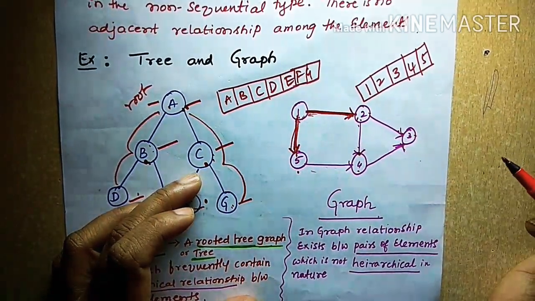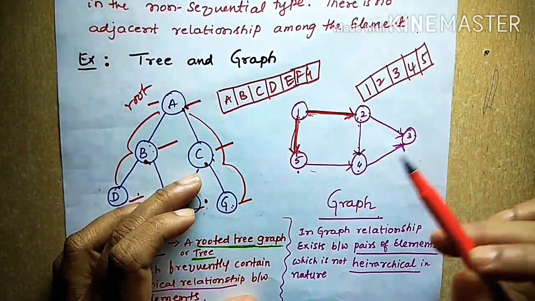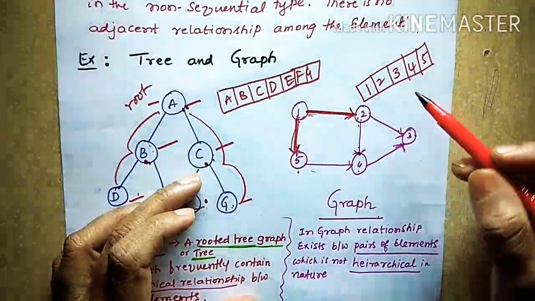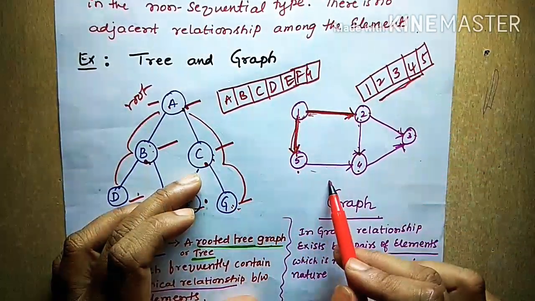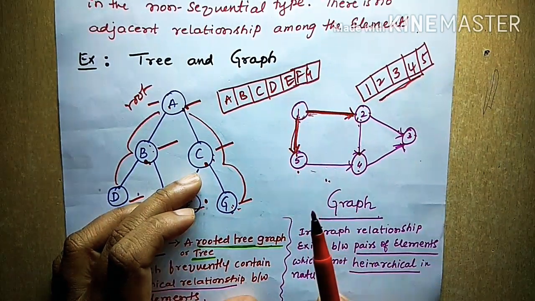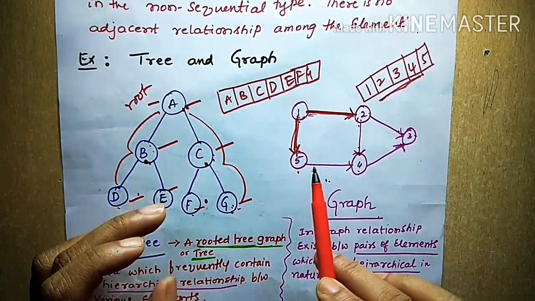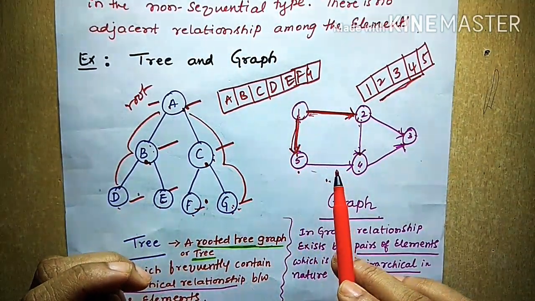So in tree and even in graph we cannot arrange the data elements continuously; the data elements are arranged randomly. That is why we call tree and graph non-linear data structures.